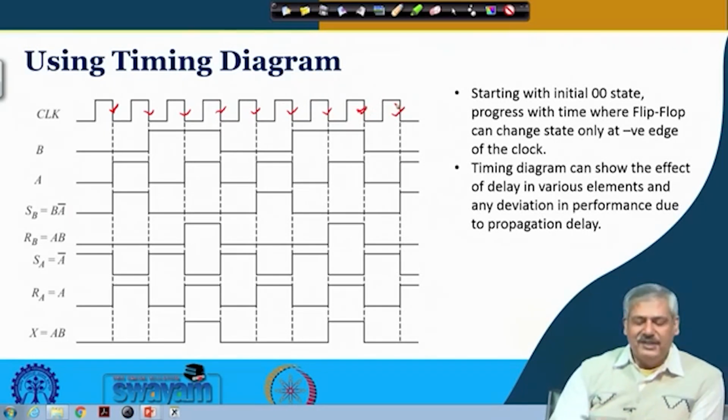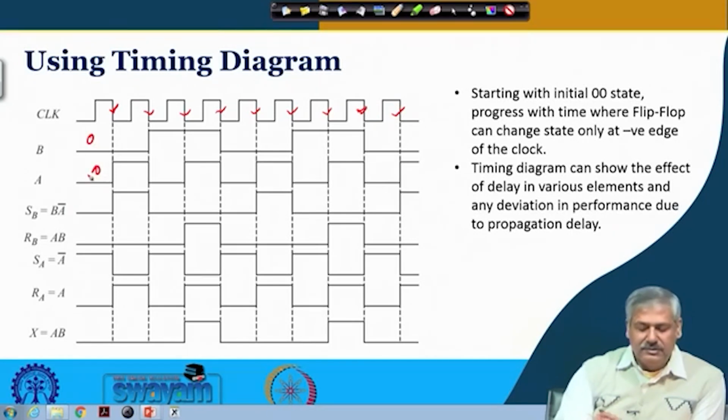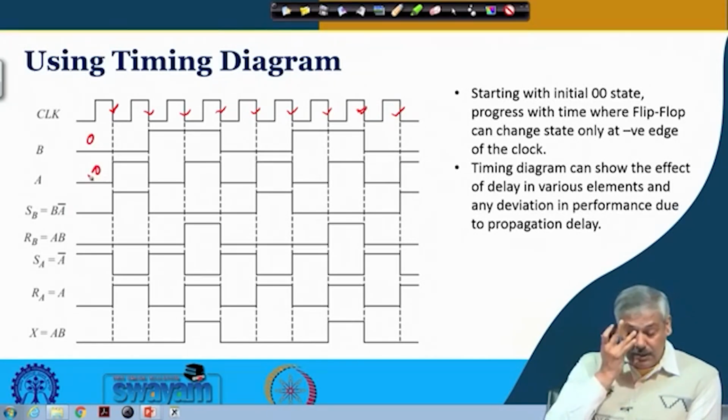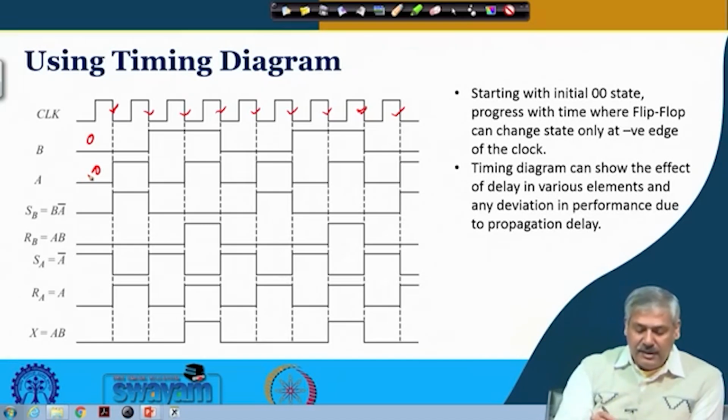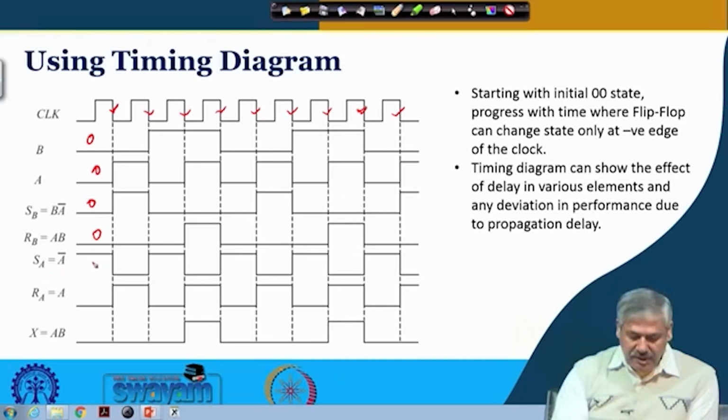So, we start with the initial state B and A as 0 0, that is what we have considered. When B and A are 0 0, up to this time point, what are the values of SB and RB? SB was A prime B, so this is 0. RB was AB, so this is 0, and SA is A bar, so this was 1 at that time, and RA is 0.